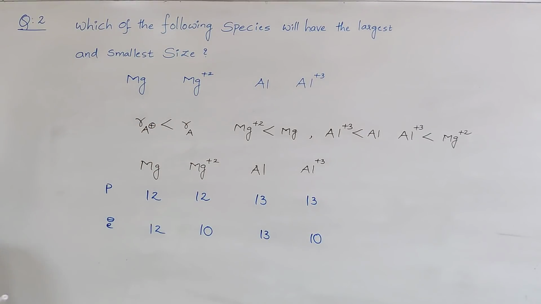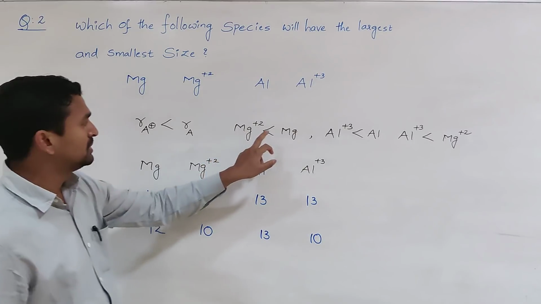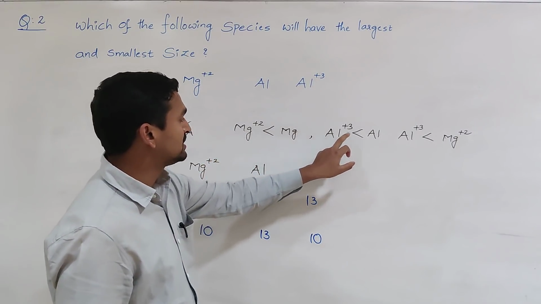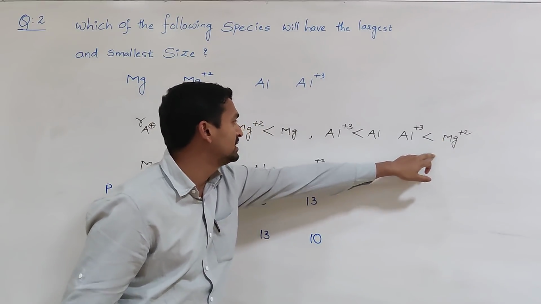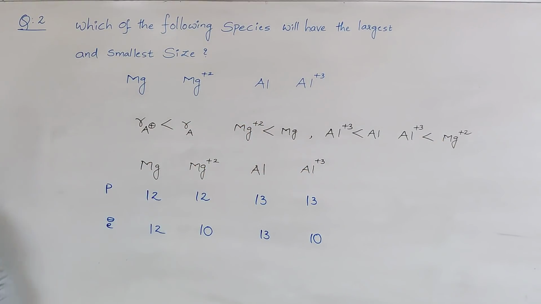So from these three, Mg plus 2 is less than Mg, Al plus 3 is less than Al, and Al plus 3 is less than Mg plus 2. From these three, we need to conclude which is smaller in size, which is larger in size.